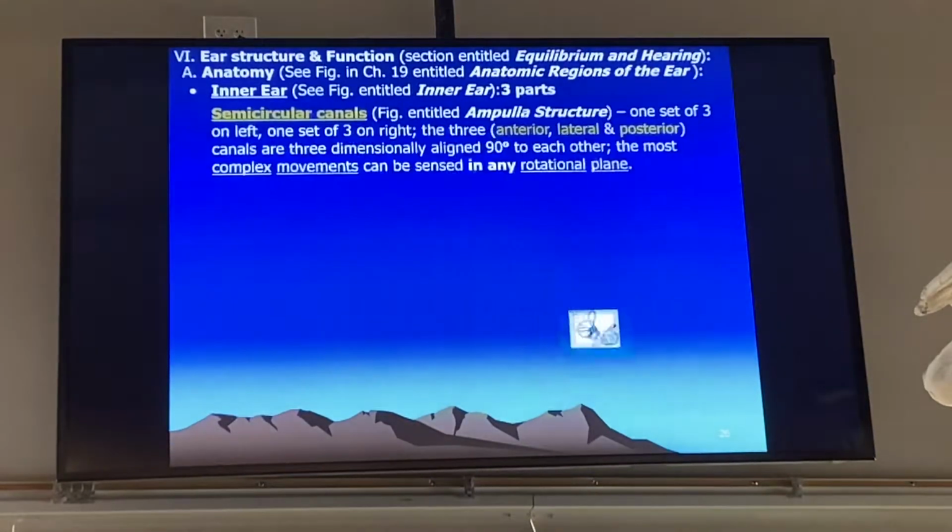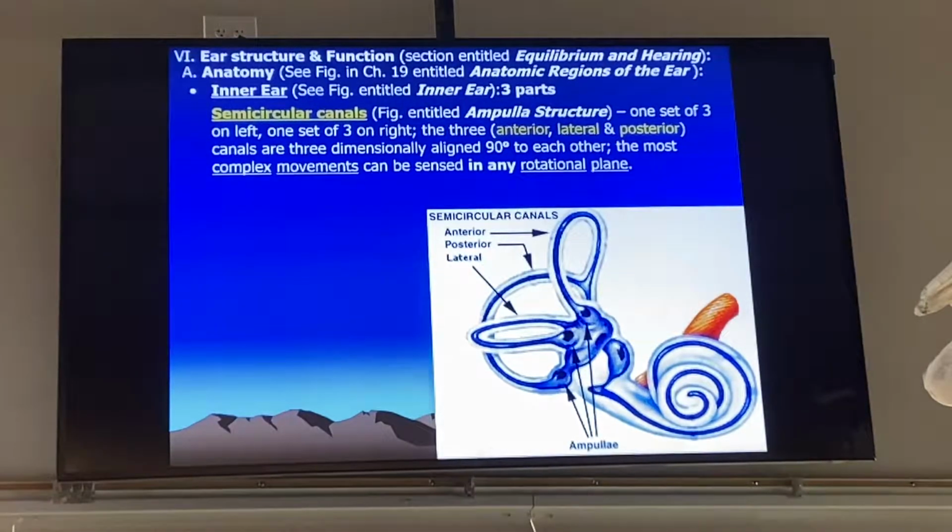All right. Let's start out with the semicircular canals. So there's semicircular canals, vestibule, and cochlea. Semicircular canals on each side are 3. And they are arranged in 90-degree angles to each other in 3 dimensions. So that means boom, boom, boom.